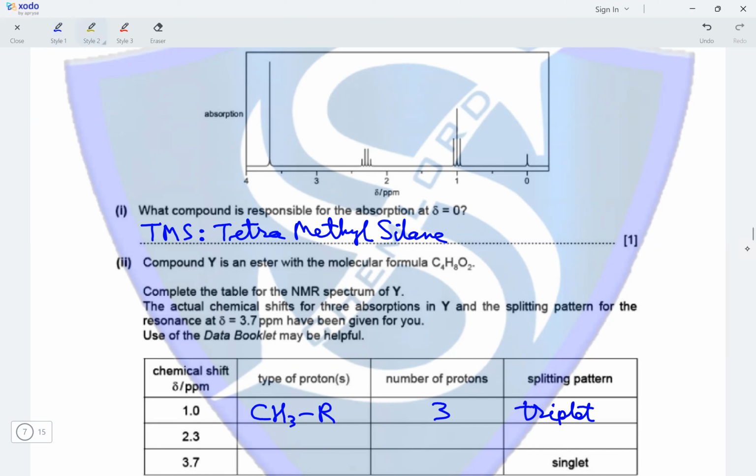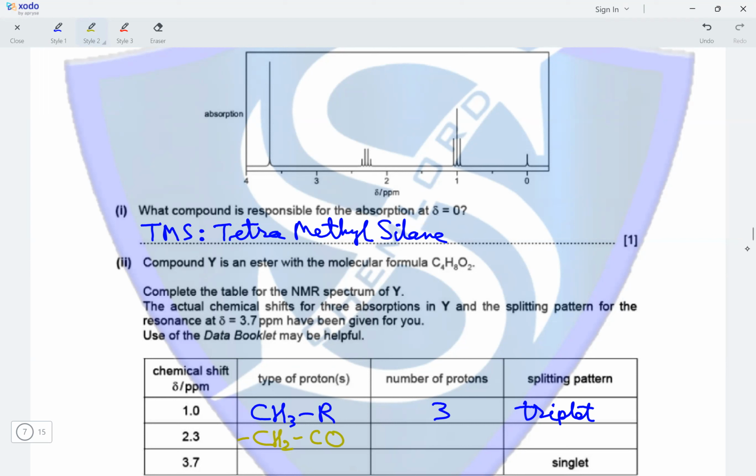Next, 2.3. The peak at 2.3 splits into 4, so it is next to the CH3 group. If it is next to a CH3 group, it has to be a CH2 group. On one side a CH3 is present, and on the other side, because the chemical shift range is between 2 and 3, there is a carbonyl group, a C double bond O group.